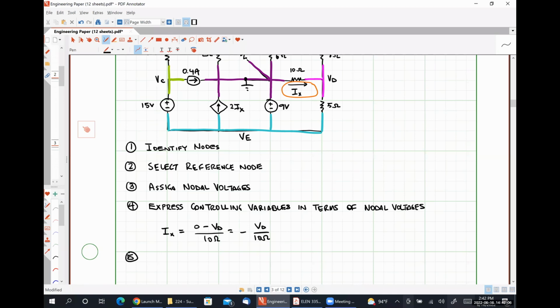There is going to be a new step 5, but I'm going to come back to this step after I've explained effectively why we need it. Okay.